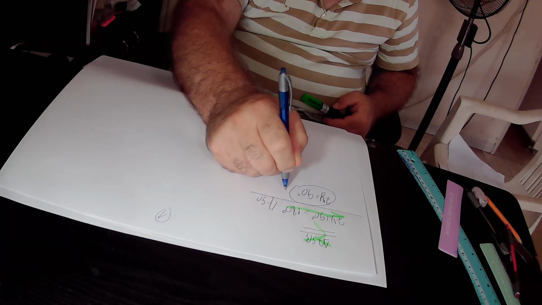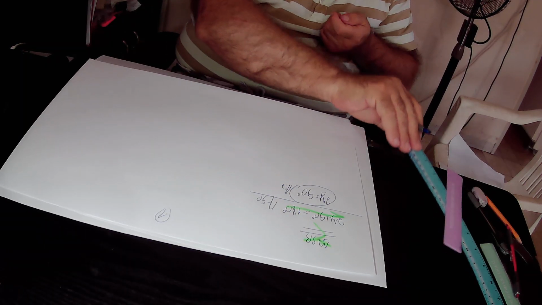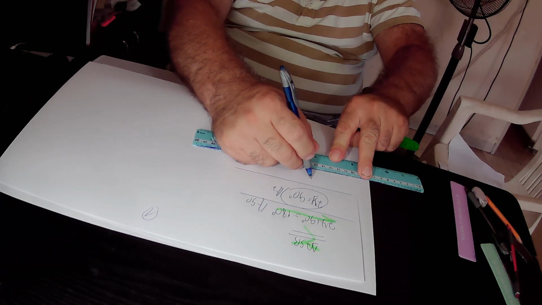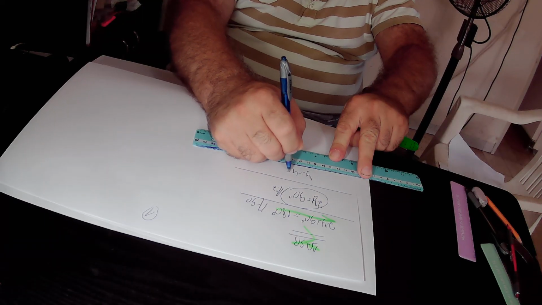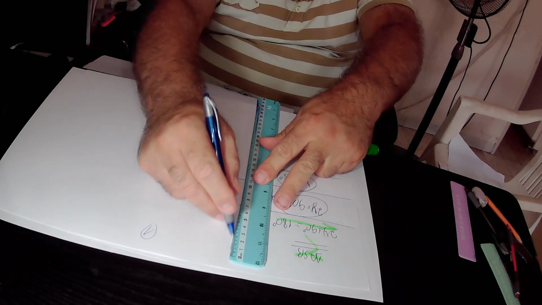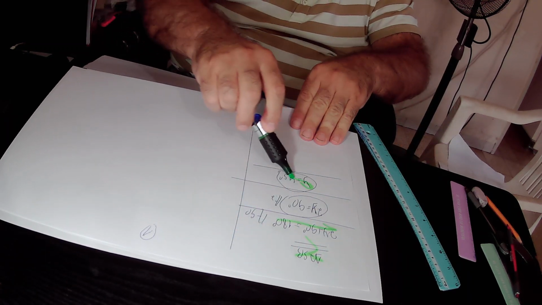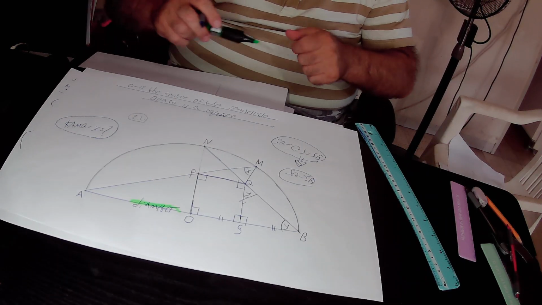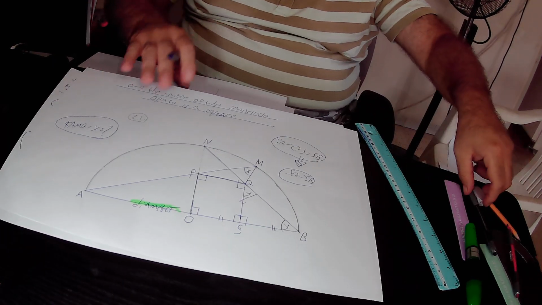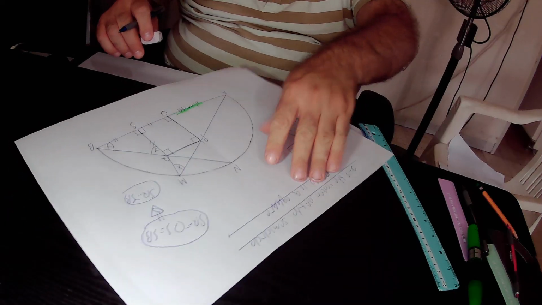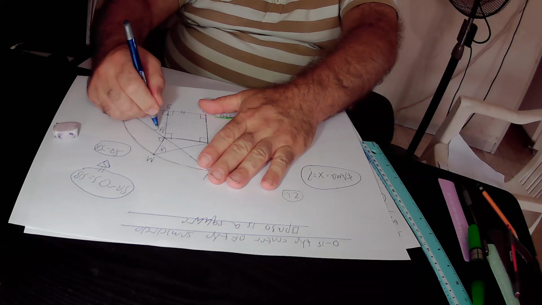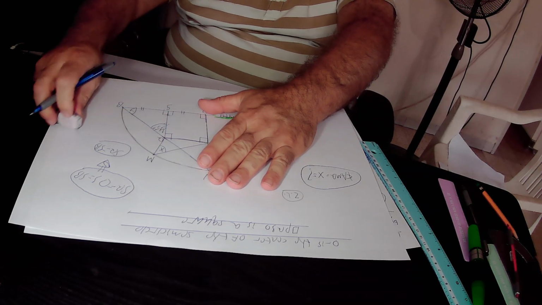Here we divide this equation by 2 and finally get that the missing angle y is equal to 90 degrees over 2, which is 45 degrees. So the missing angle y equals 45 degrees. And this is also angle y that equals 45 degrees.